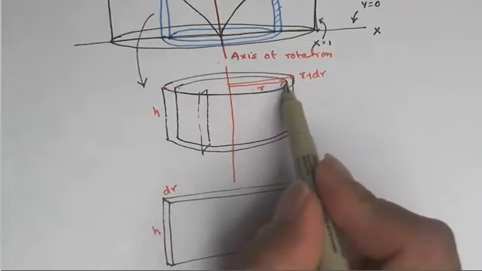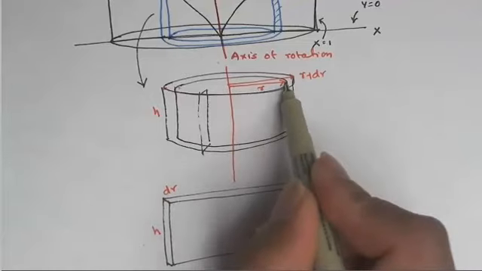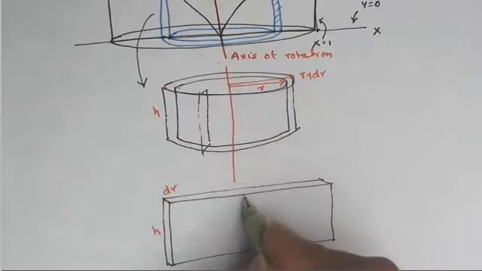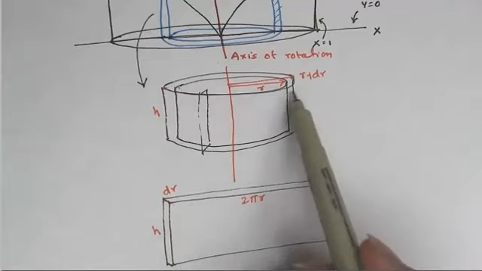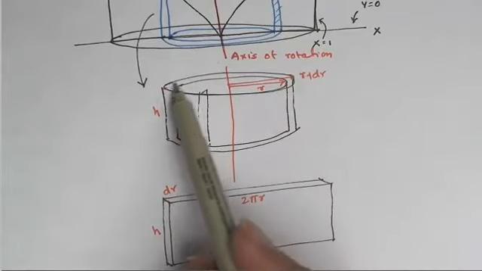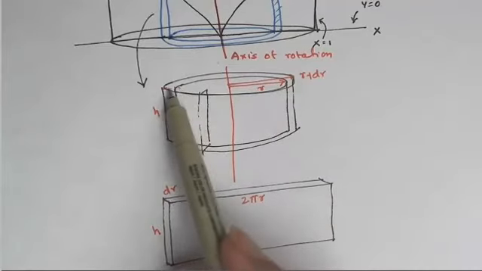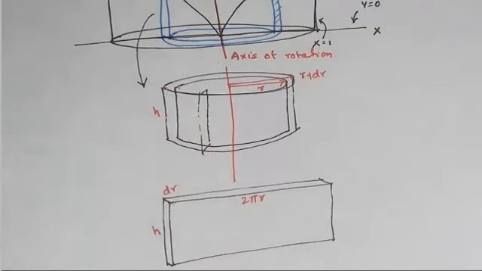So if the radius of that circle was r, then the circumference would be 2 pi r. And now it's not too hard to see that the volume of that very thin sliver of a cube is exactly equal to the volume of the stuff that's in that cylindrical shell. So that volume we can write down an expression for very easily.